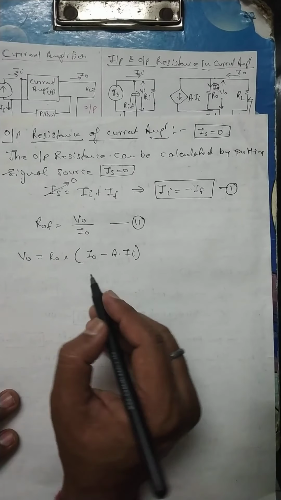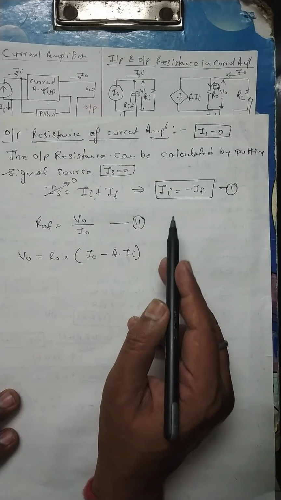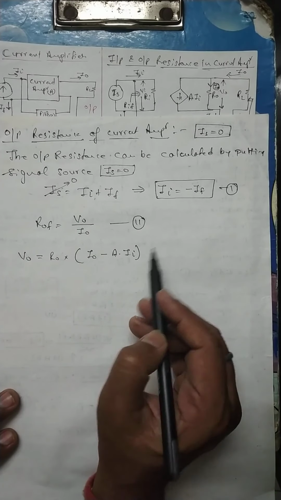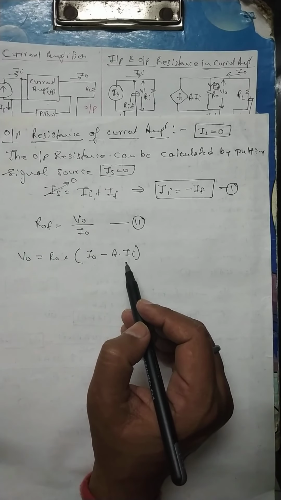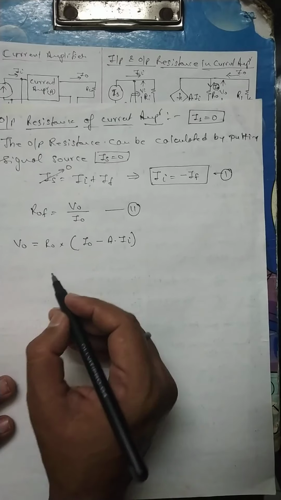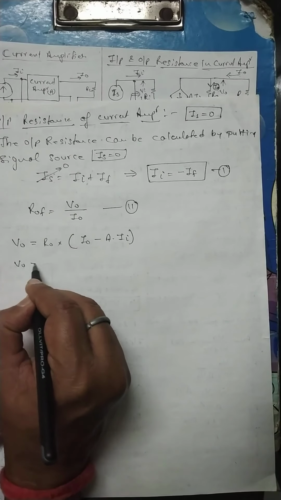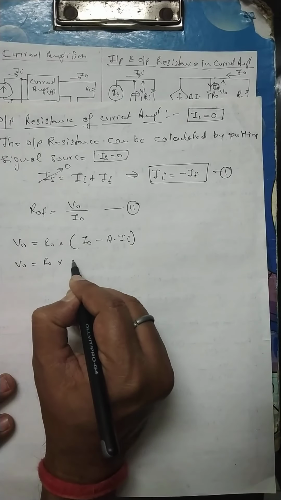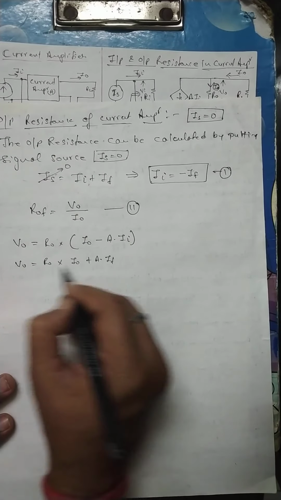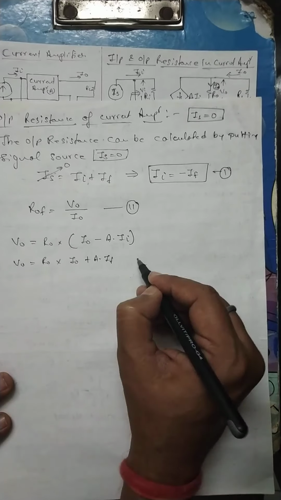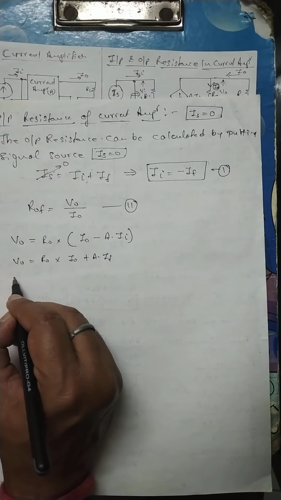Now we know that II is equal to minus of IF, and IF is equal to beta into I0. Putting these values, V0 is equal to R0 into I0 plus A into IF, and IF is equal to beta into I0.